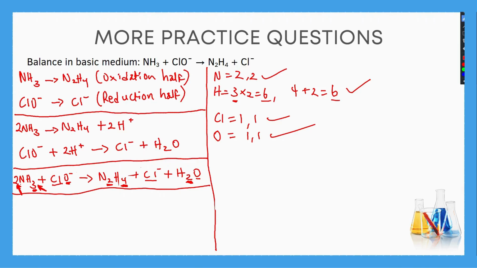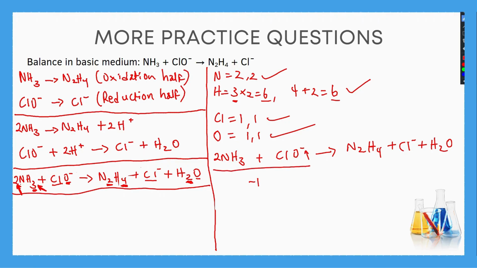Let's check out the charges on both sides to see if they are also balanced. So we have 2NH3 plus ClO minus giving us N2H4 plus Cl minus plus H2O. On the left-hand side, where are the charges that are present? We have a minus sign over here which indicates a charge of -1.